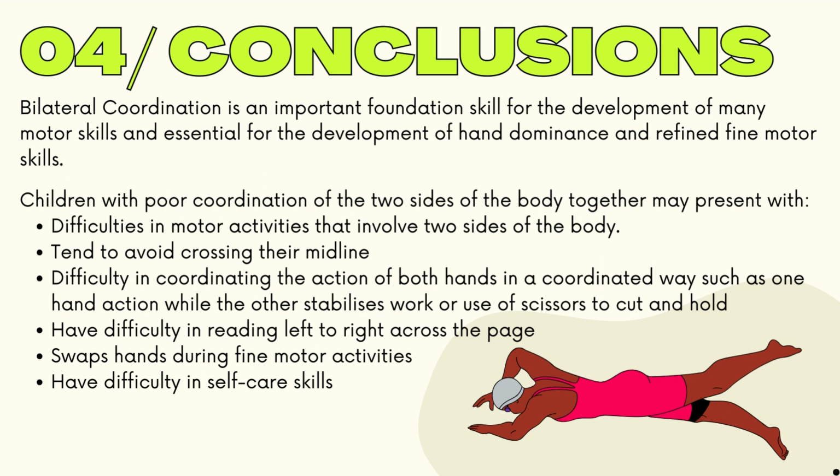And children with poor coordination of the two sides of the body together may present with difficulties in motor activities that involve two sides of the body, tend to avoid crossing their midline, and have difficulty in coordinating the action of both hands in a coordinated way, such as one hand acting while the other stabilizes, or use of scissors to cut and hold. They may have difficulty in reading left to right across the page, swap hands during fine motor activities, as well as have difficulty in self-care skills.